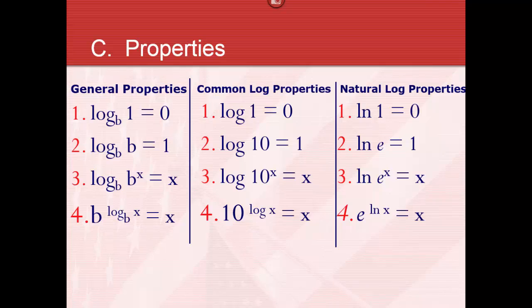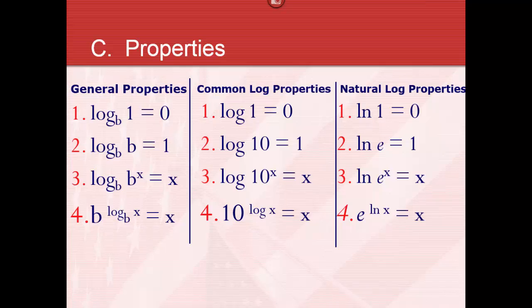Here are your properties. You have your general properties, your common log properties, and your natural log properties. Your general properties: log base b of 1 is equal to 0. That's because my exponent on my base b that gives me 1 is 0.